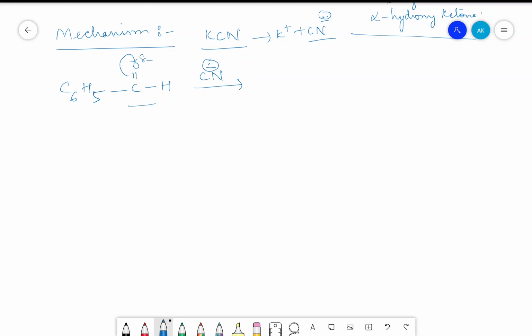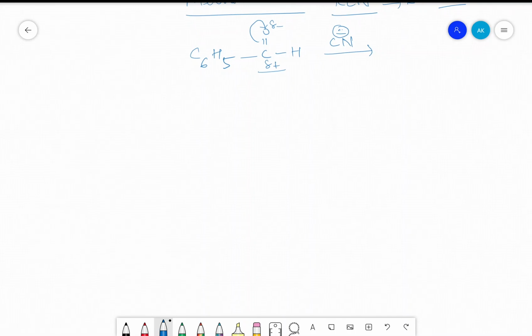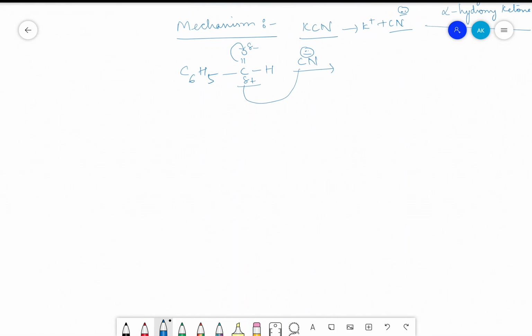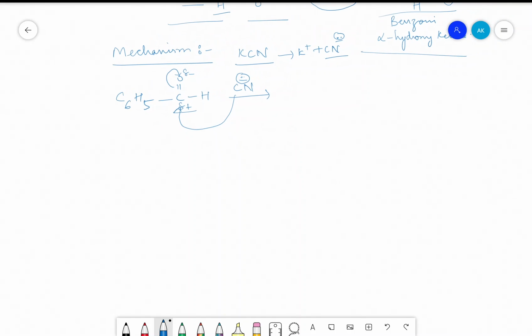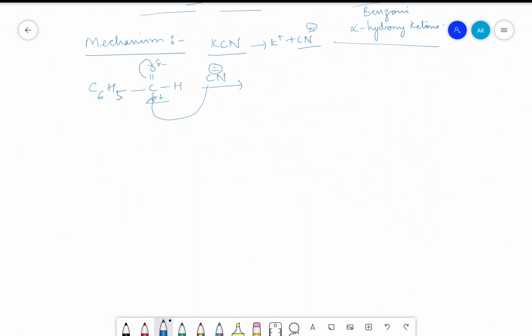Oxygen is going to get partially negative charge, carbon is going to get partially positive charge, and this will tempt cyanide ion to go and bind with carbon here, and this results in the formation of C6H5, CO with negative sign, hydrogen, and CN here. The negative charge on CN has 2 electrons that leads to this particular bond formation here.